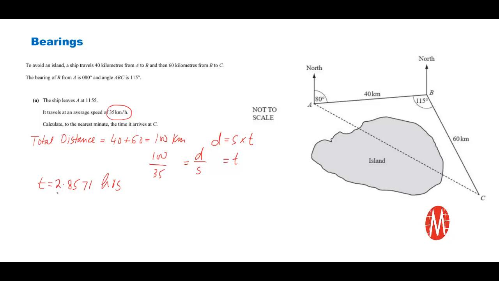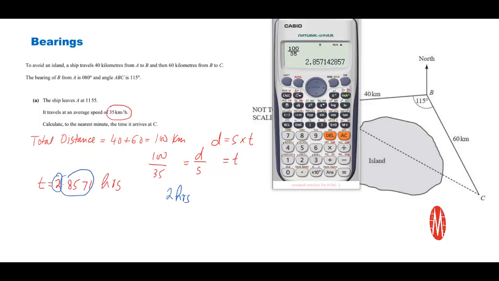There are two parts of this time. This is the whole number part, which represents 2 hours, and this fractional part represents minutes. To convert this into exact minutes, first subtract this 2.